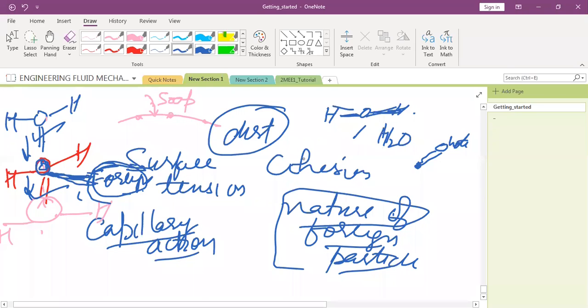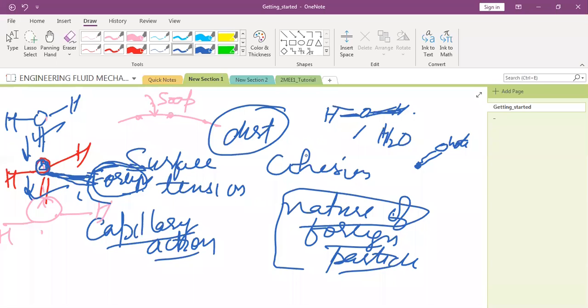Yes, sir. So this is the phenomenon, that's why we use surfactants, surf or any kind of soap, which reduces the surface tension, and it helps in taking out the dirt molecules from the particular cloth. And that's why you wash your hands.